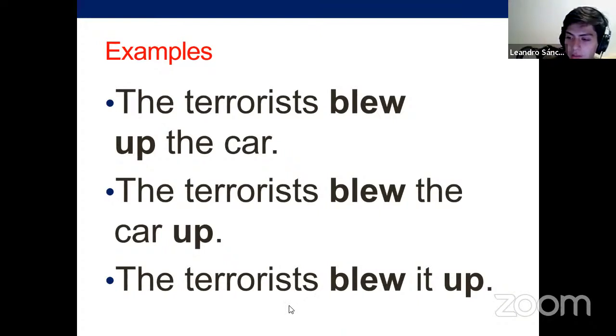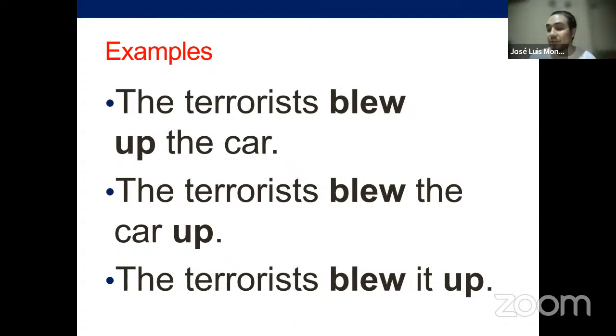The object changes the place between the verb, the phrasal verb, in the middle or at the end, or at the last.